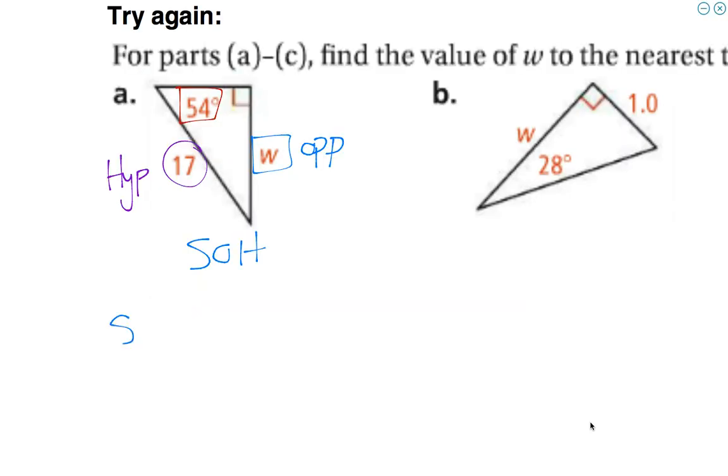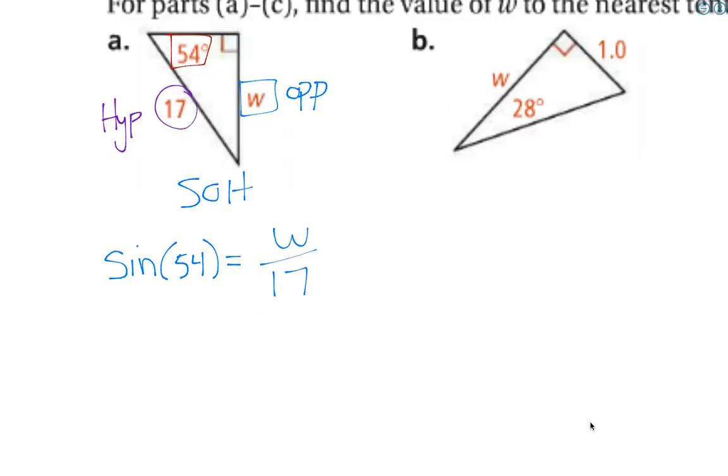So I'm going to do in my calculator sine of 54. That decimal is going to equal this fraction. So to solve that for W, I'm going to multiply both sides by 17.